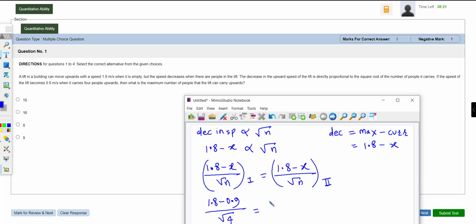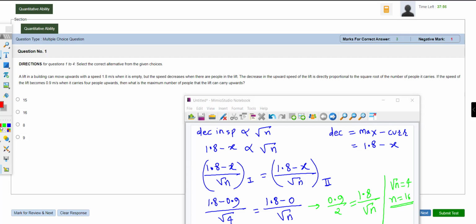So let's take the speed of the lift as 0, divided by under root n. Let's solve this. So 0.9 divided by 2 is equal to 1.8 divided by root n. If we solve this, we get root n is equal to 4. So n is equal to 16, which means when there are 16 people, the speed of the lift becomes 0.